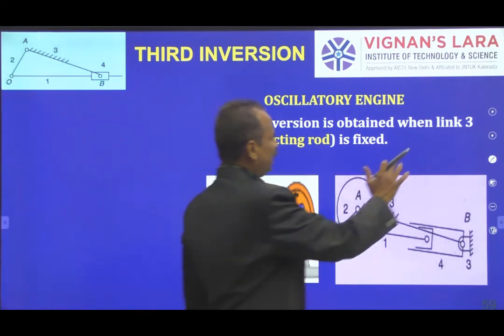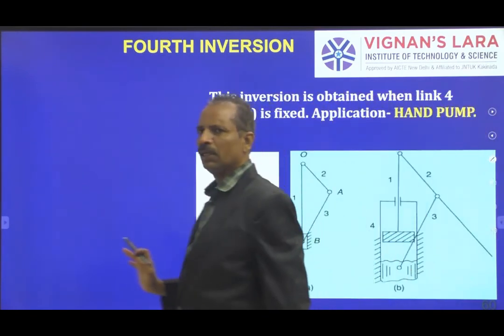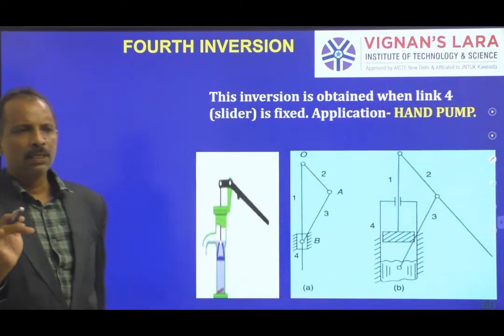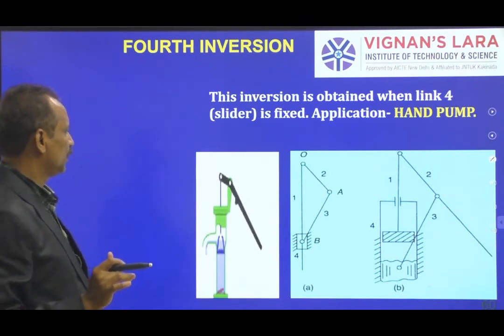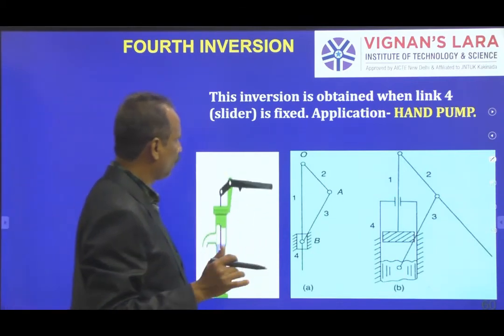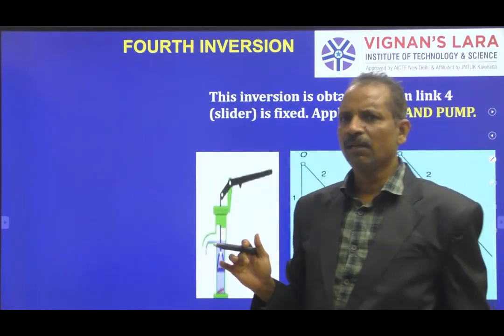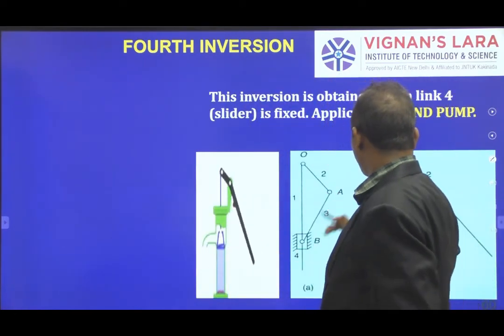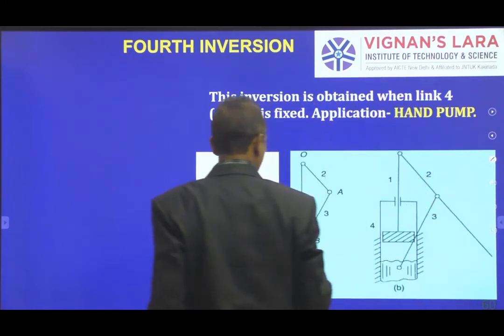And finally, the last inversion is obtained by fixing the slider, which is used in a simple hand pump. It's a beautiful application of the inversion of a single slider crank chain, where the piston is restrained, that is, the motion of the slider is restrained.